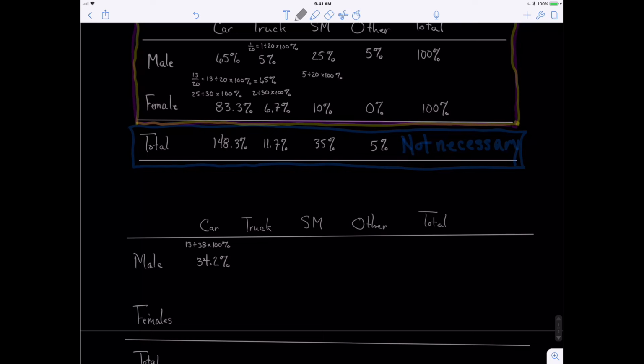And the females are 25 out of 38, so that would be 25 divided by 38 times 100%. And what we find is that 65.8% of cars are driven by females.